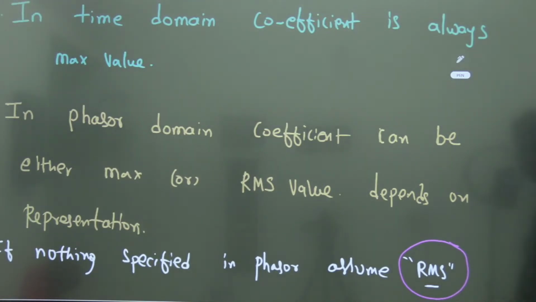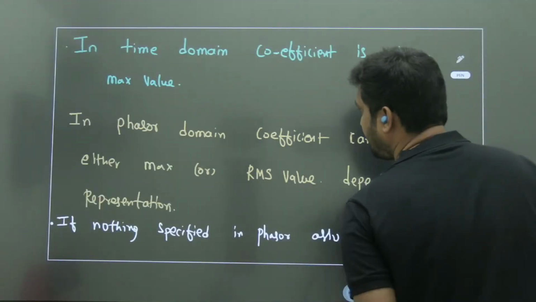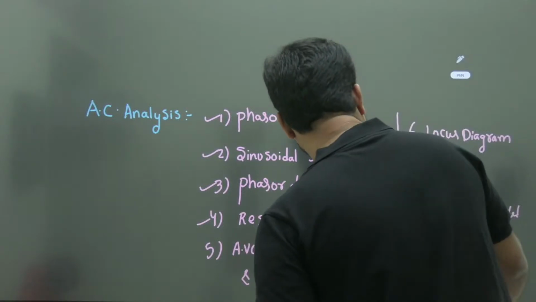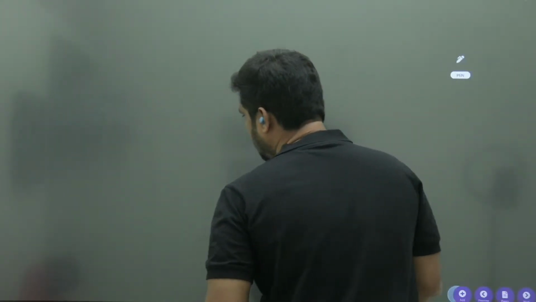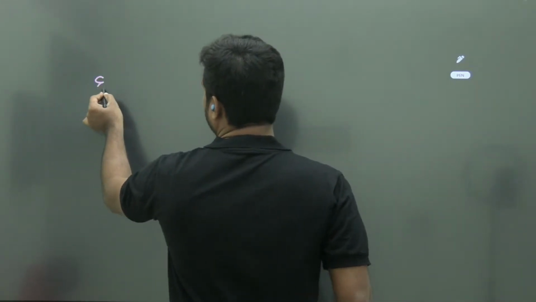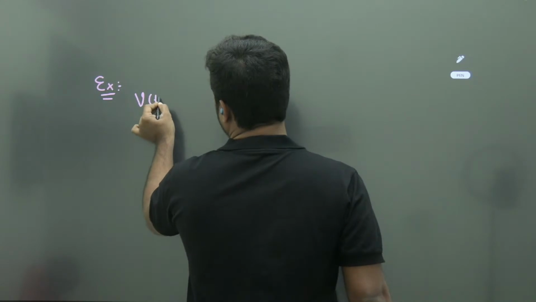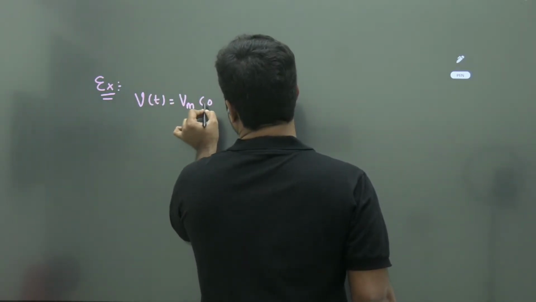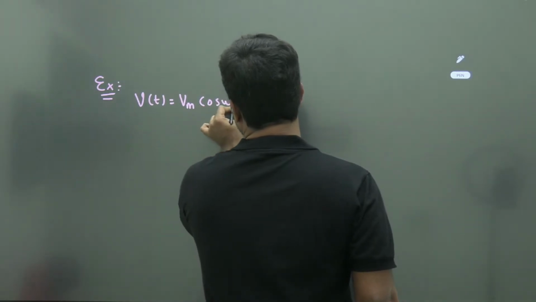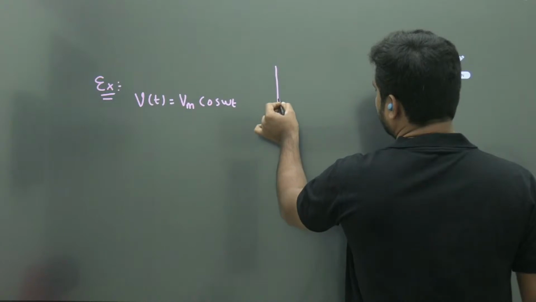So let me give you a signal, for example. V of t equal to Vm cos omega t.